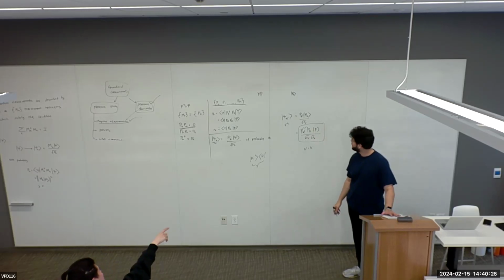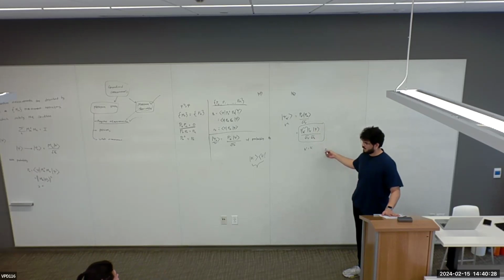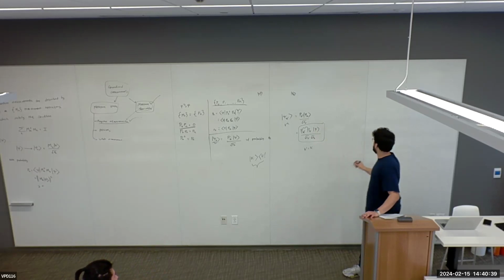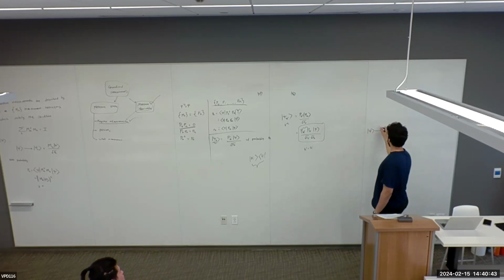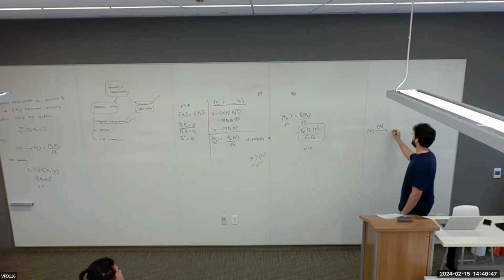Could you explain the last part again? I didn't get the point. So what I mean is, if you measure state psi with projective measurements using these operators, and let's say you get some state psi k.